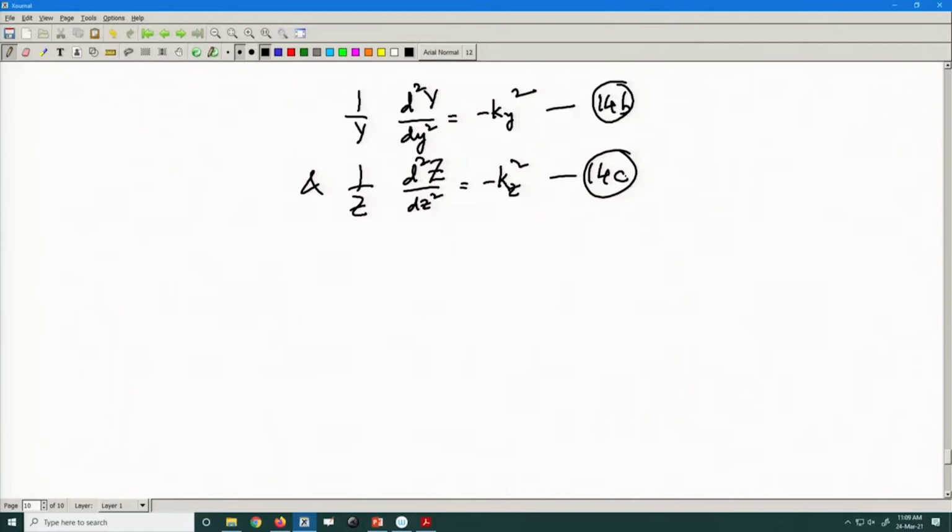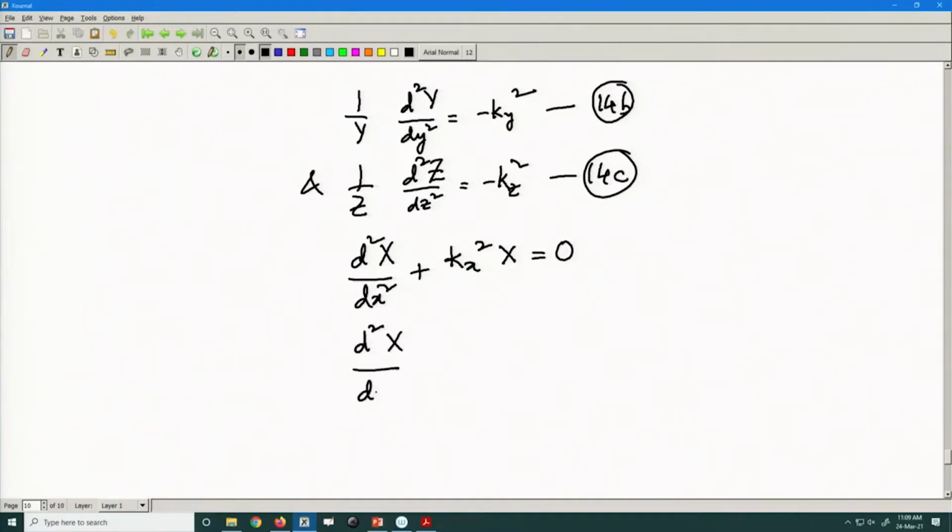So, rearranging equations 14a, 14b, 14c yields the equations d square X dx square plus k x square X equal to 0.